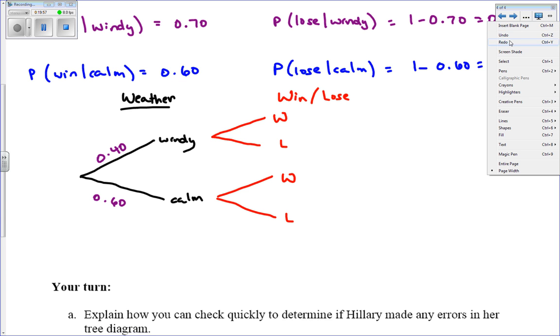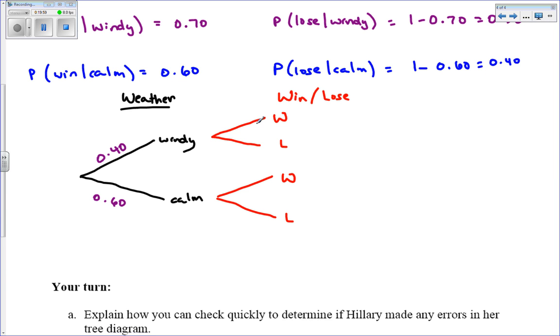And then we can fill in the appropriate probabilities there. So the probability that they win given that it's windy was 0.7. The probability that they lose, given that it's windy, was 0.3. The probability they win, given that it's calm, is 0.6. And the probability they lose, given it's calm, is 0.4.